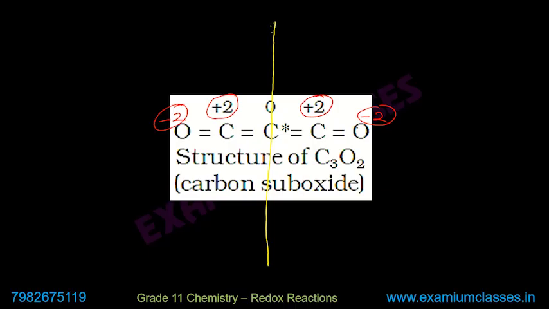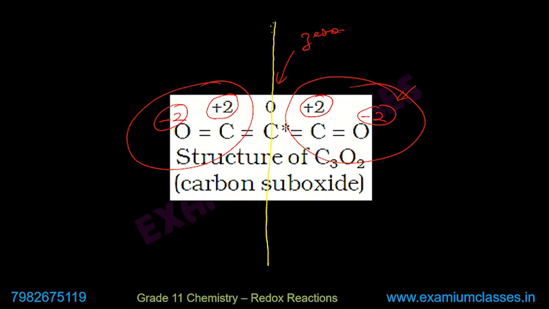Suppose instead of one oxygen, there would have been many. Then all these oxygen oxidation states will be added, and those will be balanced by this one. We will see that example also. So here we have only one oxygen, so whatever charge is there, that will be balanced by carbon. If these have been balanced, the middle one will have 0. That's how charges are balanced. The middle carbon does not need to transfer its electrons on either side.